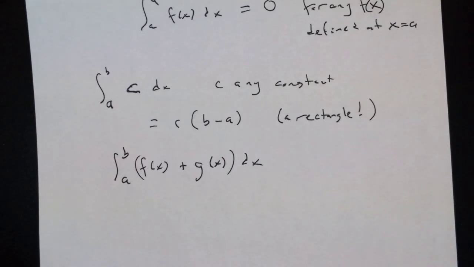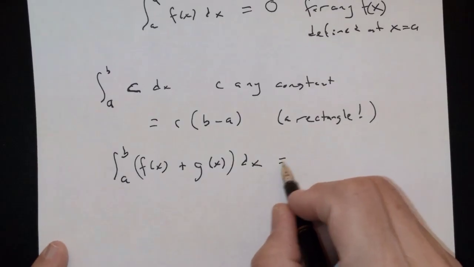Remember, this is really a limit. And back in chapter 2, we had properties of limits that said if I was taking the limit of two things that were added, I could take the limit of the first piece and the limit of the second piece separate from one another. Since an integral is really a limit, I can do the same thing here.